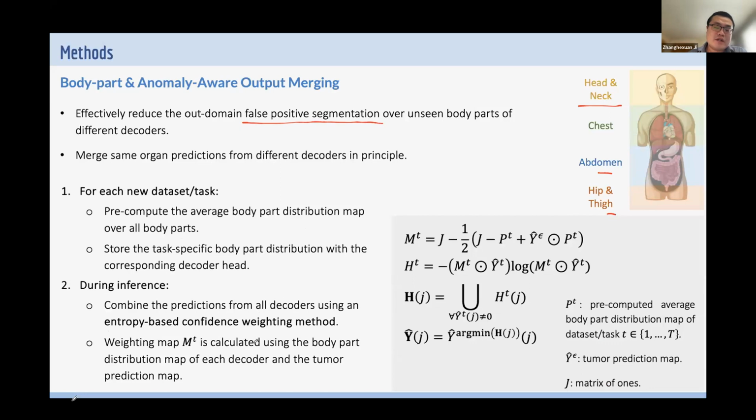The weighting map is calculated using the previously computed body part distribution map of each decoder, as well as the tumor prediction map. In this way, each decoder knows which parts it has more confidence in. If the 3D scan contains body parts unseen by that decoder, it will simply give very low weights, very low confidence, as well as in the tumor regions.